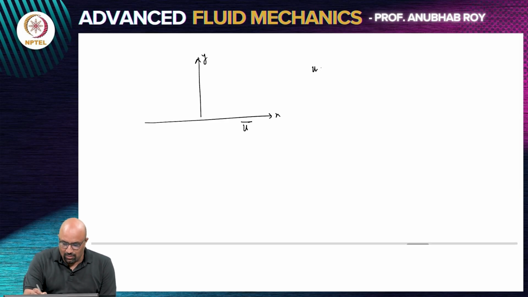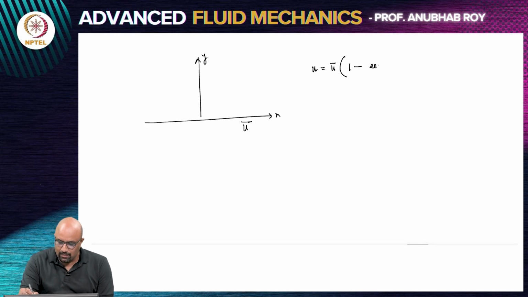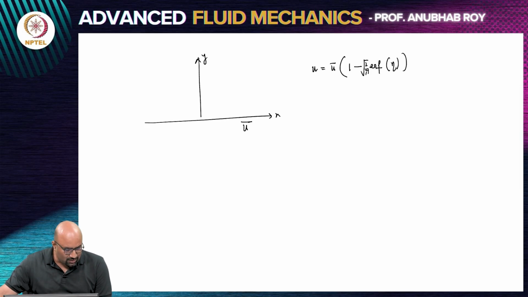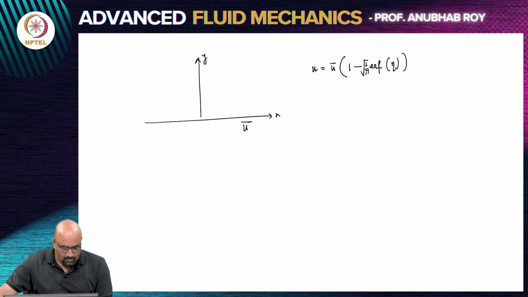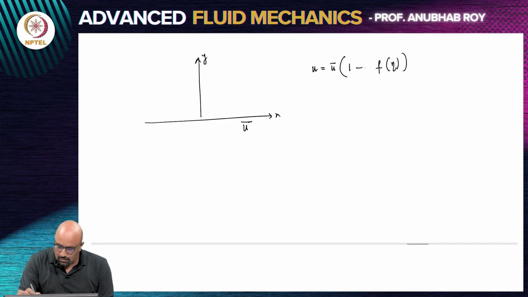Once we worked it out, we found that u is equal to u bar times 1 minus error function of eta. So where we solved this equation, du dt is equal to nu d square u dy square.